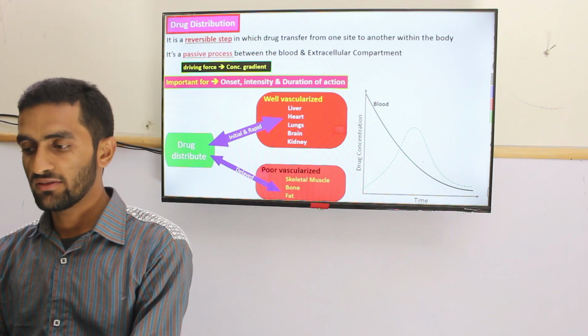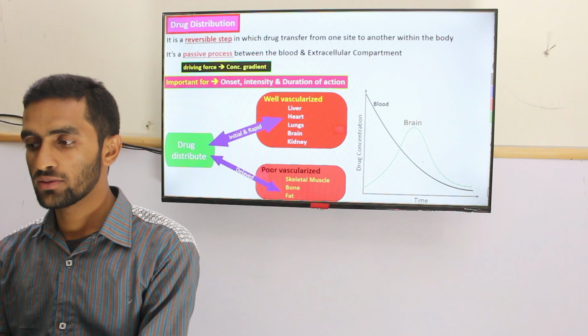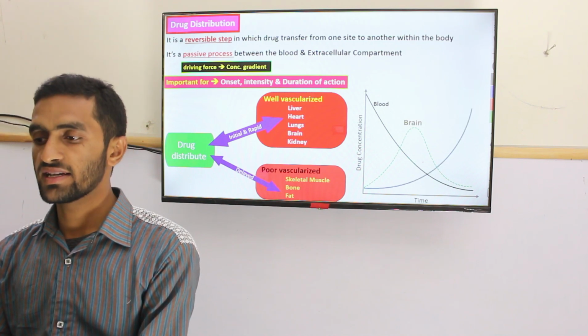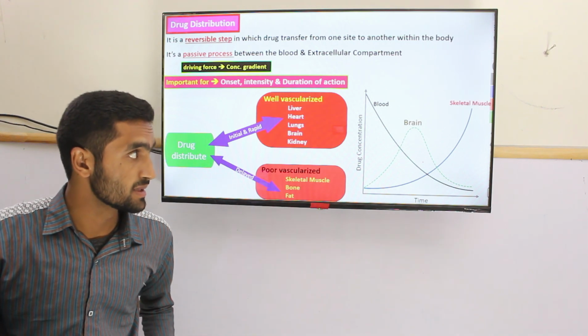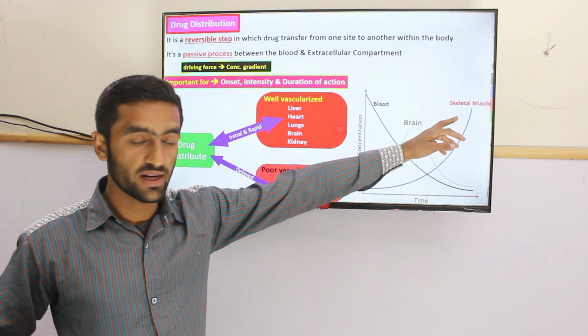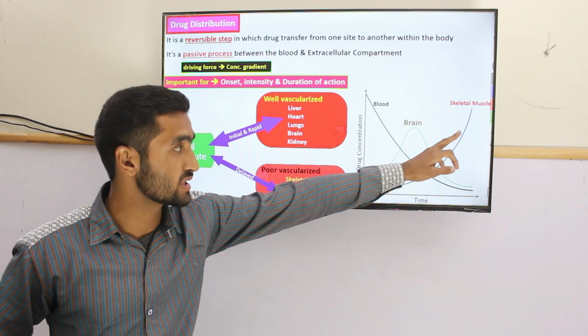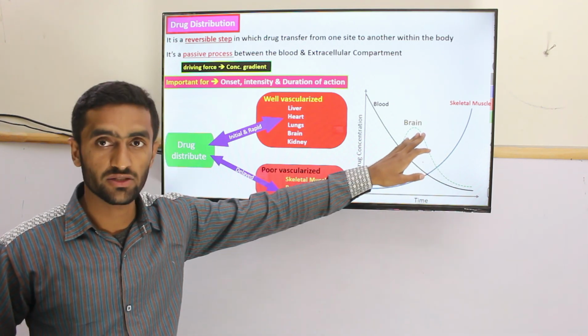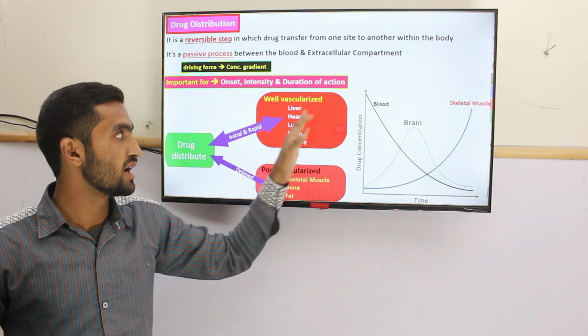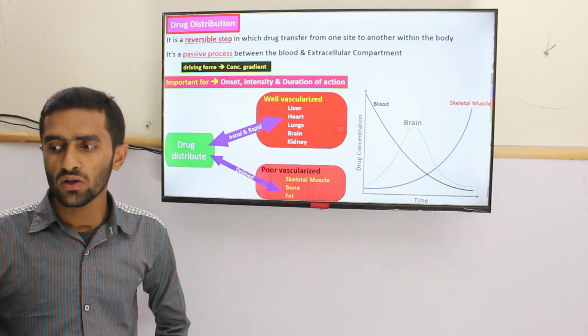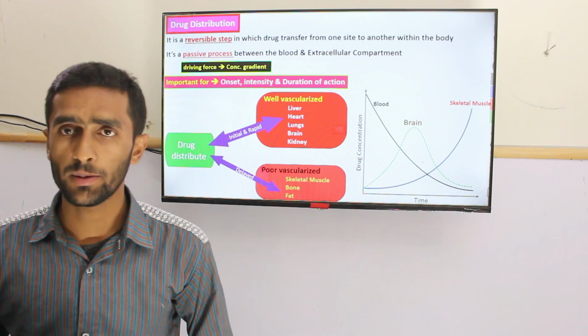First it goes into the well vascularized organs, for example the brain, and later it goes into skeletal muscle, because these are poorly vascularized. First it goes into well vascularized organs like the brain, liver, heart and lung. As mentioned, it totally depends on the blood.